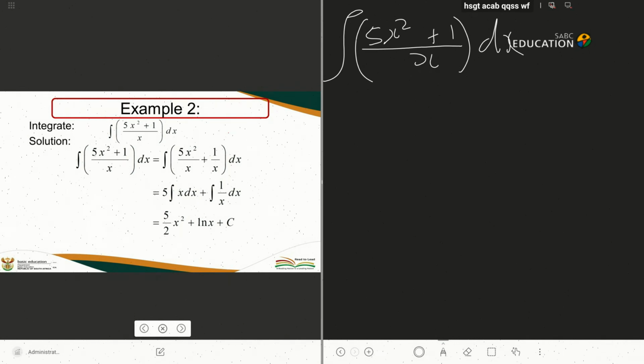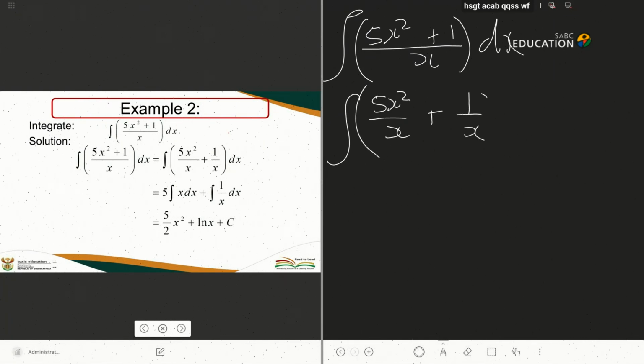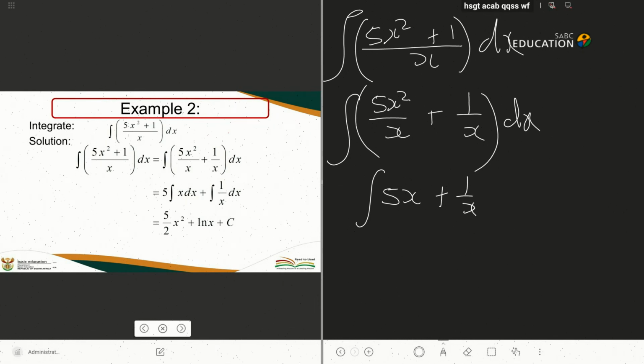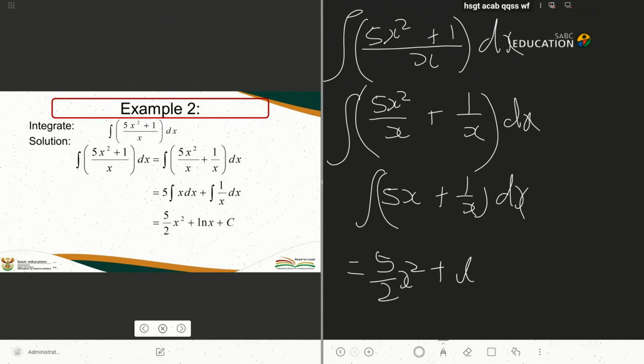Then split everything, and this will be your 5x squared over x plus 1 over x, still within the brackets, dx. Now you can integrate. Here you can simplify this. This will be 5x plus 1 over x. Then if you are to integrate, this will be equal to 5 over 2 x squared plus ln x plus c.